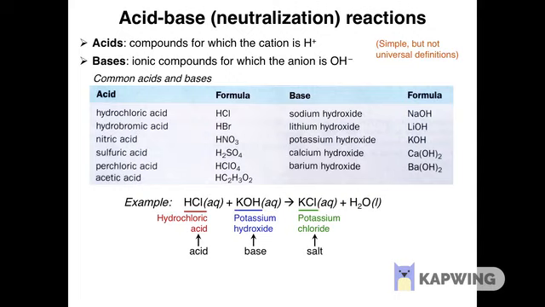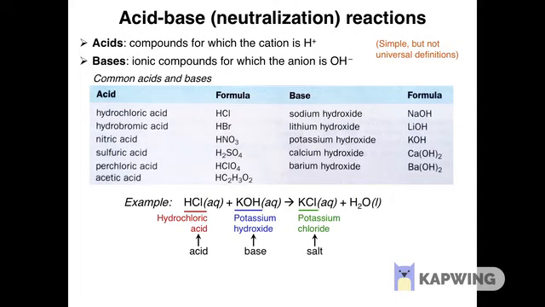The cation from the second reactant, K+, is combined with the anion from the first reactant, Cl-, forming the ionic compound potassium chloride that is soluble in water, as are all compounds that contain the K+ cation.